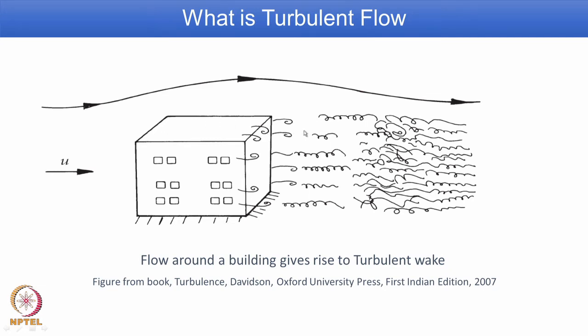Now, if you observe immediately downstream, these are lines to represent shear layer shedding and vortices shed from the geometry, and if you go slightly far enough, then you see the motion becomes turbulent. So, flow around a building gives rise to what is known as a turbulent wake. Wake is a region of the flow immediately behind the geometry. In this case the geometry is the building and this is the wake region. So, the wake becomes turbulent.